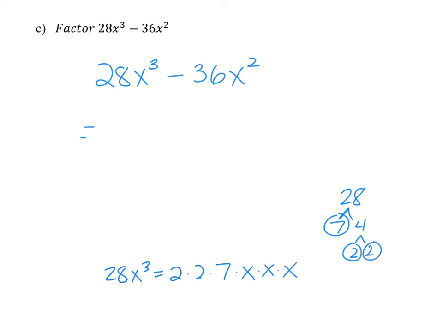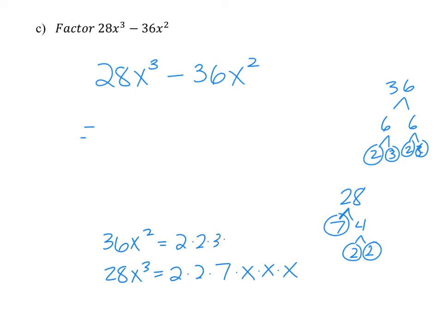And then we have negative 36x squared, so 36 I know is 6 times 6. Then we have 2 times 3 and 2 times 3. Okay, so 36x squared is going to be 2 times 2 times 3 times 3 times 2 x's.